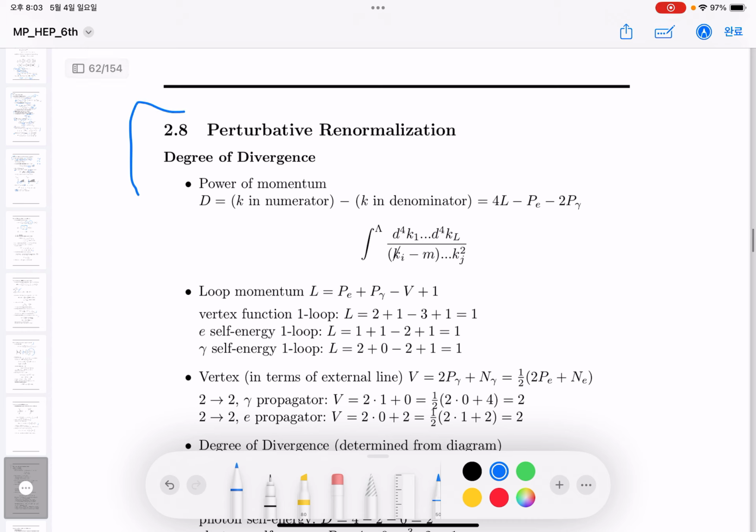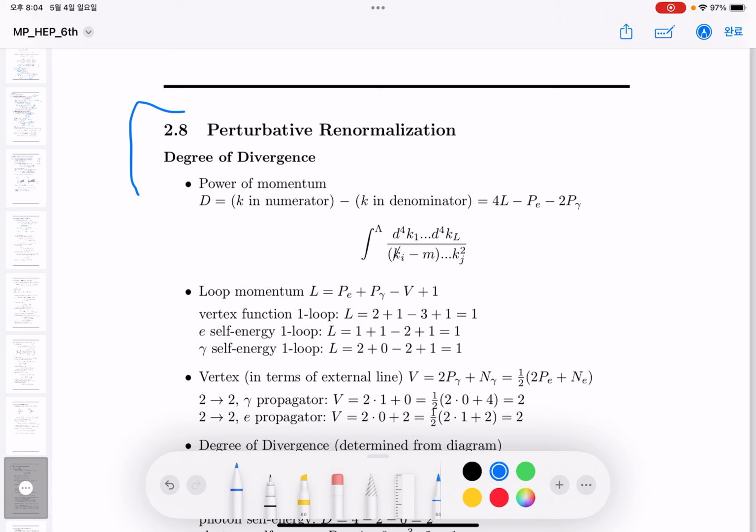So now we turn to perturbative renormalization. If we consider the loop level, then there will always be divergences, and we should cancel the divergences. Such a cancellation can be possible by shifts of some constants like the bare mass and the coupling.